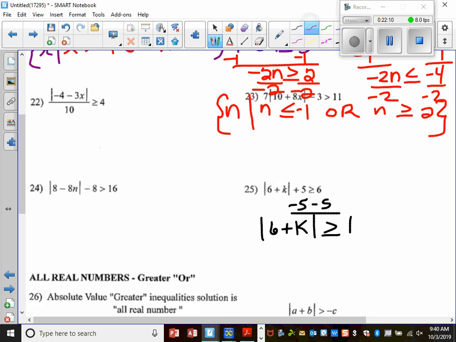All right, now they're separated, so they're isolated, so now we can separate them into 6 plus k is greater than or equal to 1, or 6 plus k is less than or equal to -1. Okay, I'll let you guys finish solving those.